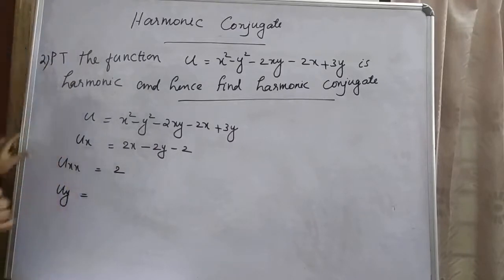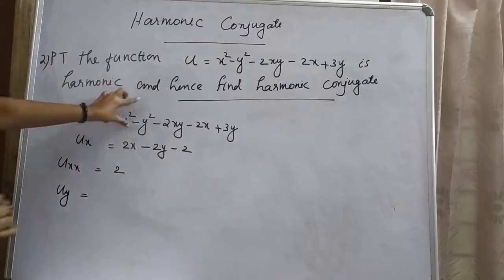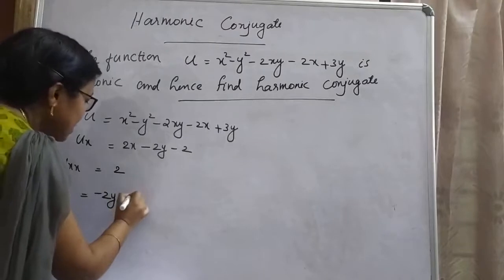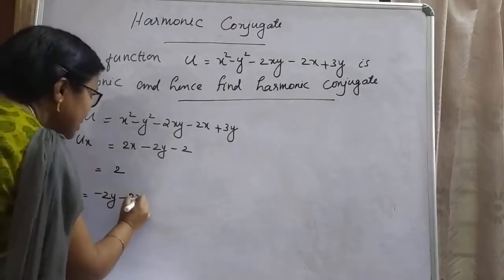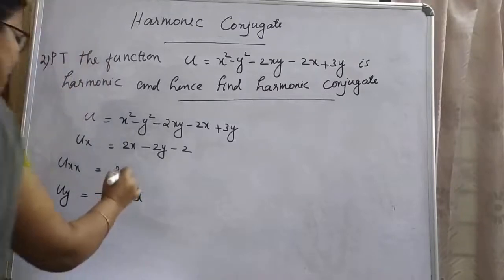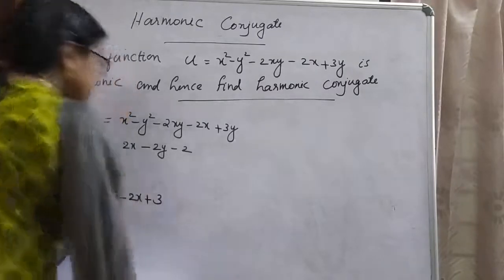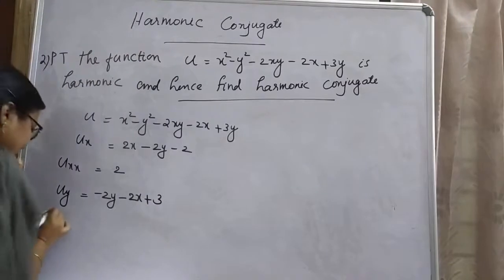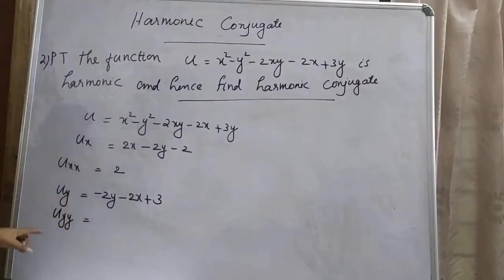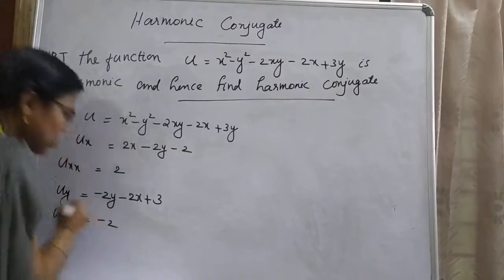Uy is the partial derivative of u with respect to y, which will be minus 2y minus 2x plus 3. Now we have to write uyy. Uyy is the partial derivative of uy with respect to y, which will be minus 2.